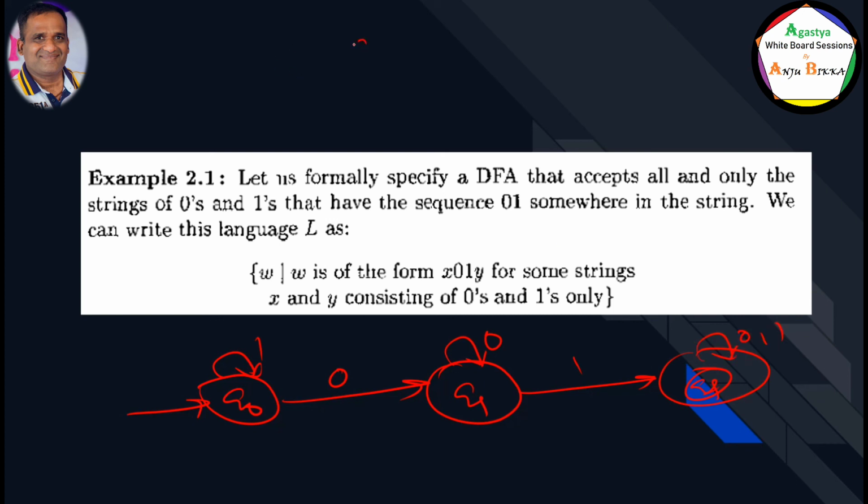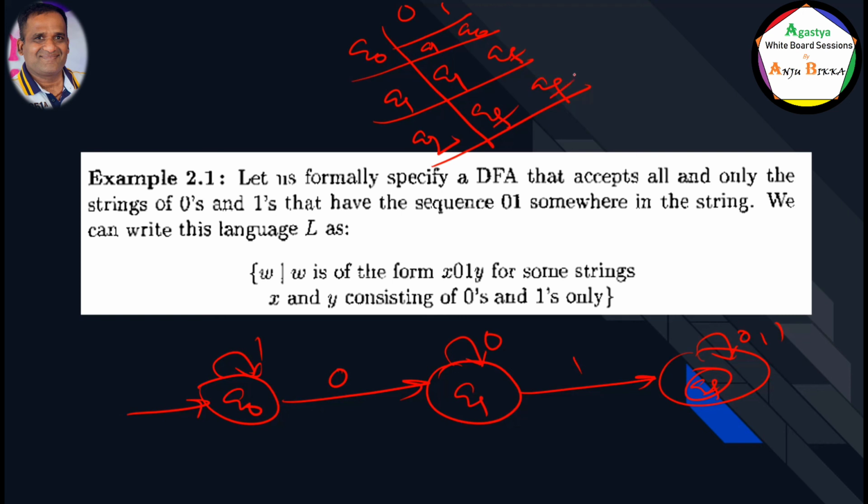The transition table has Q0, Q1, QF, and the symbols are 0 and 1. Q0 on 0 goes to Q1, Q0 on 1 goes to Q0, Q1 on 0 goes to Q1, Q1 on 1 goes to QF, QF on 0 goes to QF, QF on 1 goes to QF. This is the transition table.